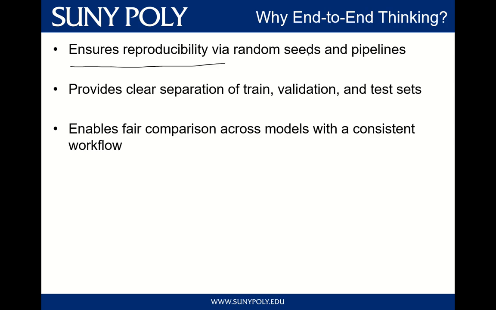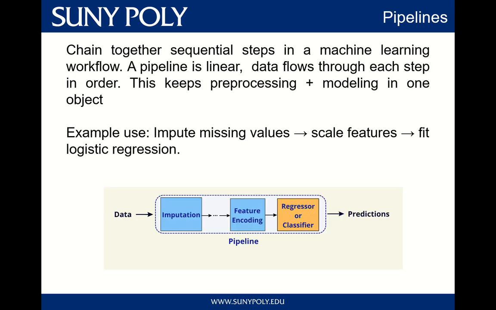That's why it is important to have random seeds in some cases and to define pipelines, which we're going to discuss shortly. End-to-end thinking also provides a clear separation of the train, validation, and test sets to avoid overfitting, and at the same time, it offers a fair comparison across different models or algorithms that we want to test using the same workflow.